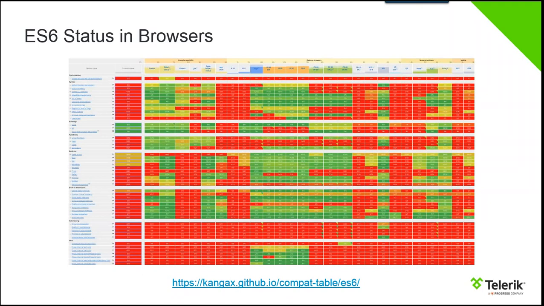ES6, as I said, is a spec now. They have said these are the things that will be there in ECMAScript 6. So what this table is trying to tell you is which feature is ready in which browser. The greens mean fully baked into the browser. The red means not at all there, right?